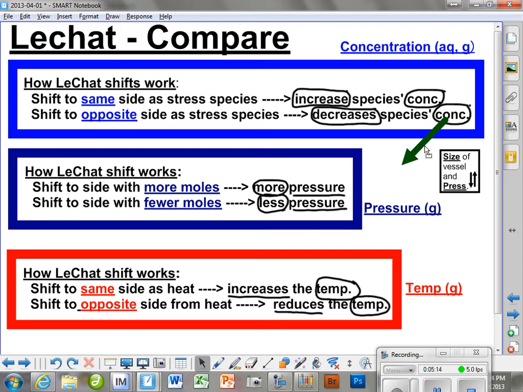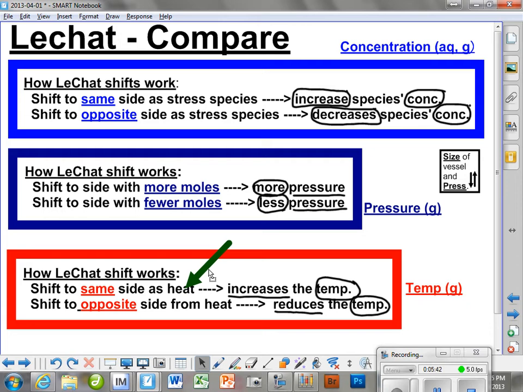That's what we call inverse. So when Le Chat wants more pressure, he'll make the shift to the side with more moles, and when he wants less pressure, he'll go to the side with fewer moles. Now, temperature works just like concentration, only the thing that we're looking at is the heat.